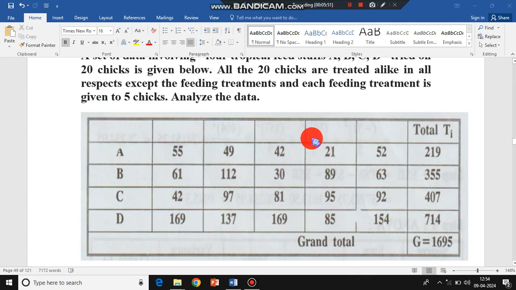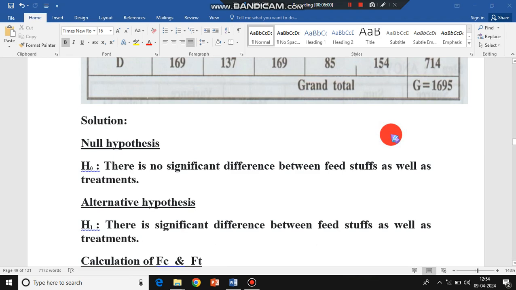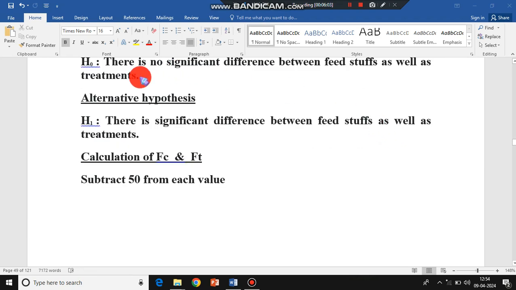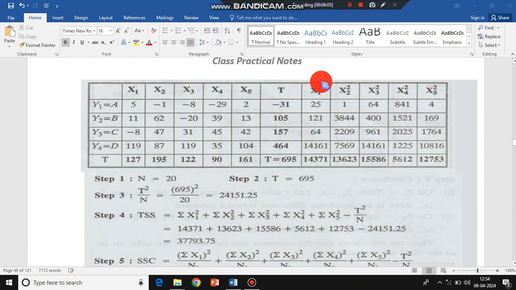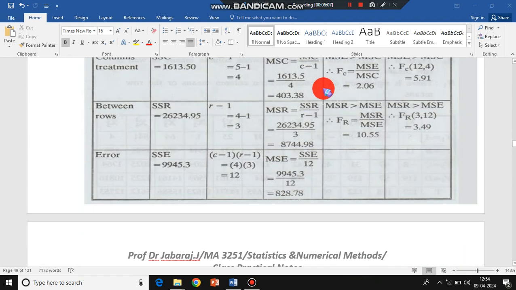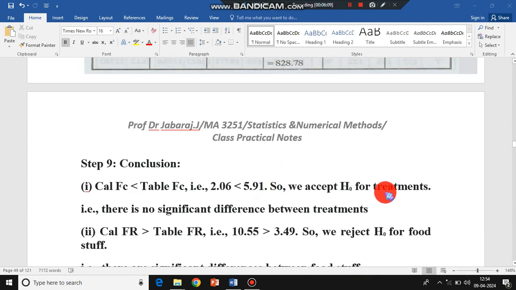Look at the problem: treatment 1, treatment 2, treatment 3, treatment 4, treatment 5. So all these are treatments, and treatment wise the null hypothesis is accepted. So what is the conclusion? There is no significant difference between the treatments. That means there exists a homogeneity between the treatments. How many treatments are here? 5 treatments are here.